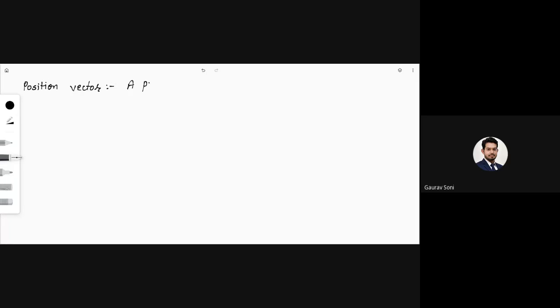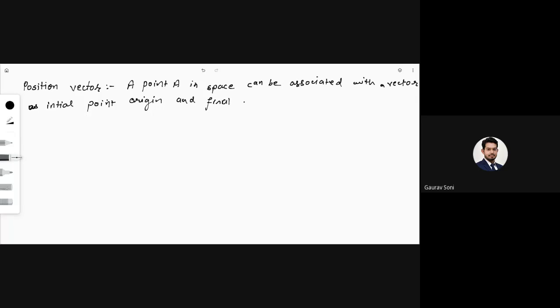A point, capital A, in space can be associated with a vector, with initial point origin, and final point or the terminal point.